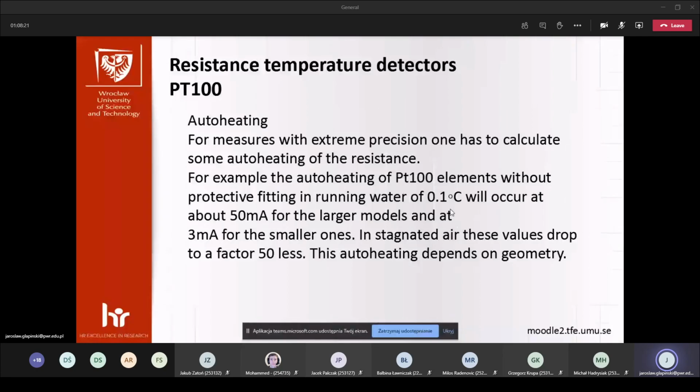So maybe not with extreme precision, but very high precision. But of course, we can produce a sensor that can have very high precision of the temperature measurements.